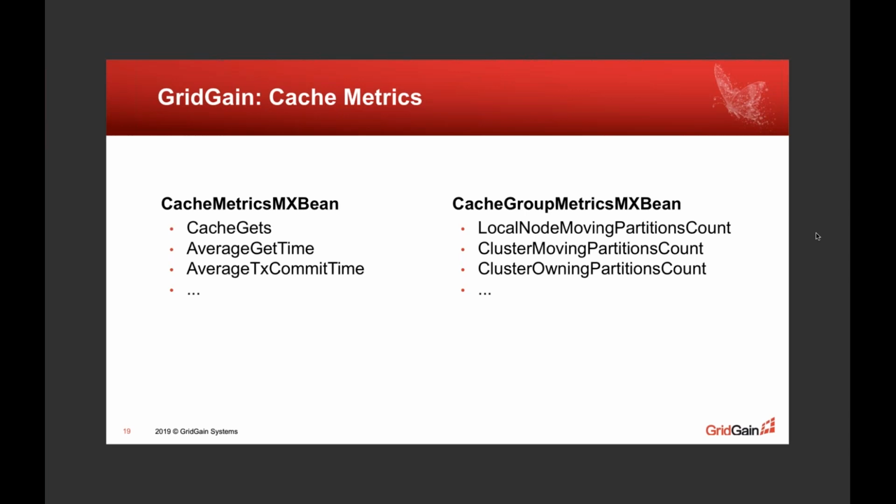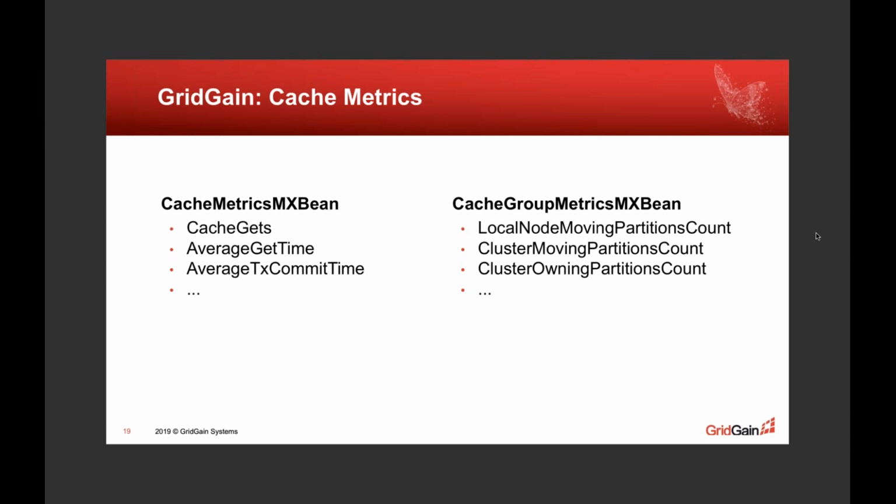You can see how many get operations were performed, how many puts, how many removes, and you can see the throughput and latency of these operations, what is the average time of different kinds of operations, or you can see if any processes are happening in the cluster.